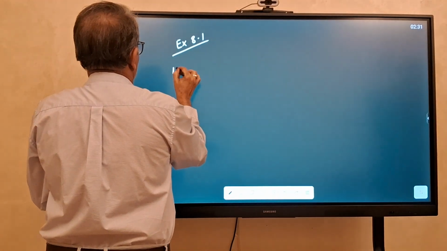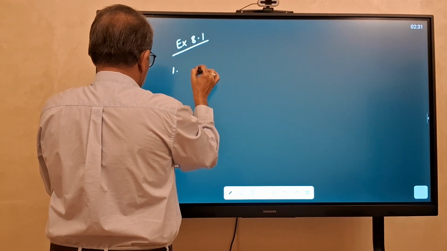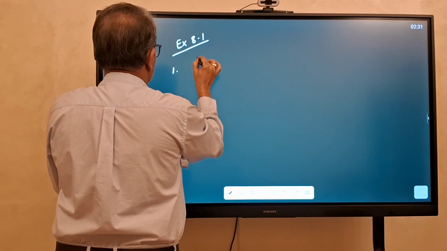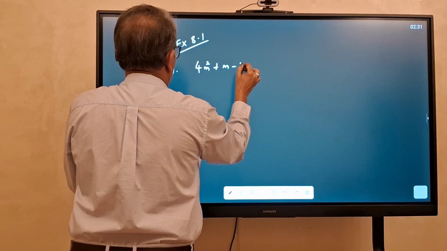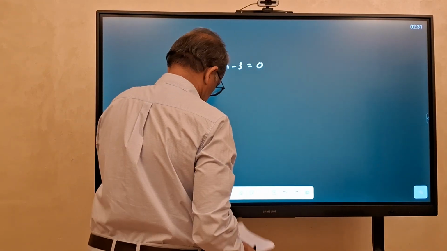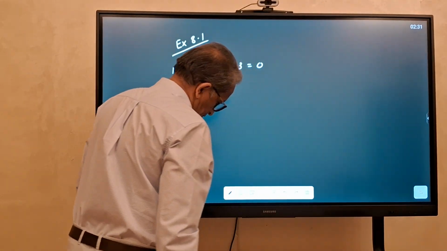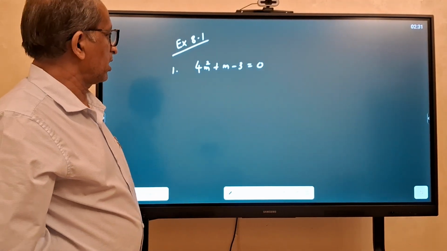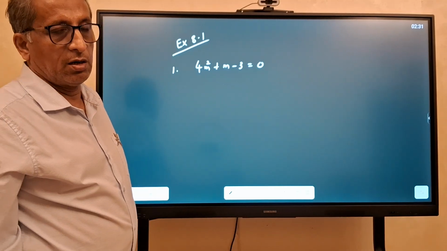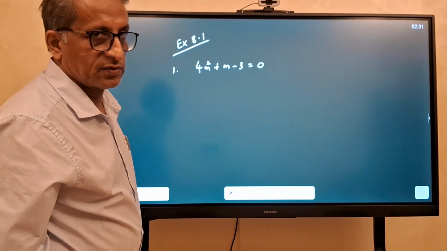Number 1. Solve using the quadratic formula. 4m square plus m minus 3 equal to 0. Use the quadratic formula I just gave you to find the solution of this.